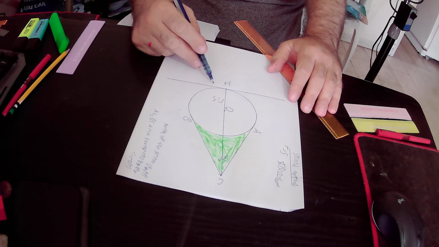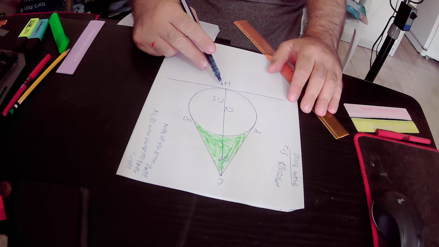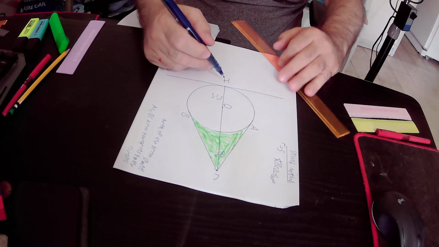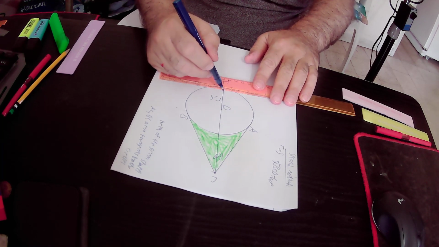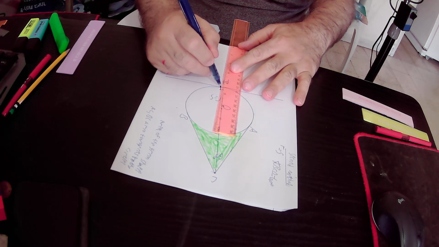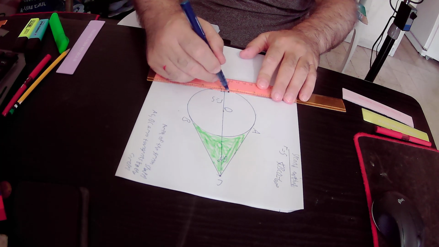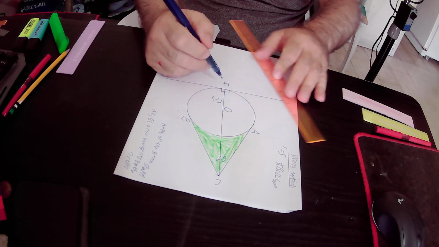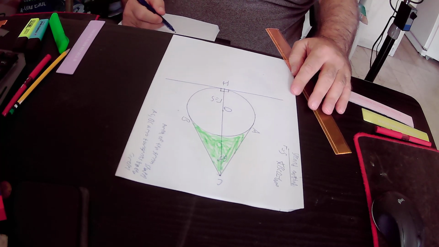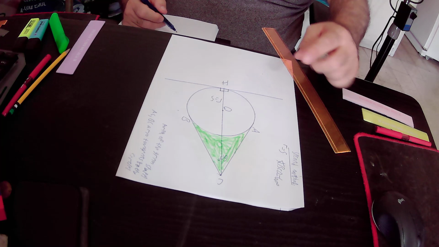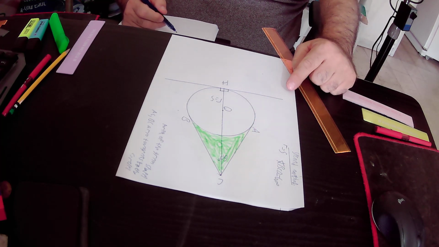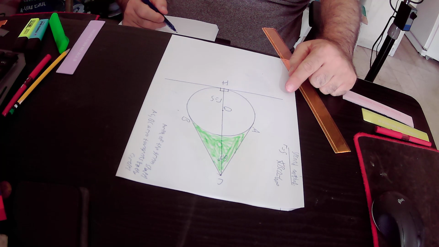We have a tangent and a radius. We know that the radius drawn to the point of tangency is perpendicular to the tangent, that is to say this angle equals 90 degrees and this angle also equals 90 degrees. In the next step we will extend AC until it intersects with the tangent.